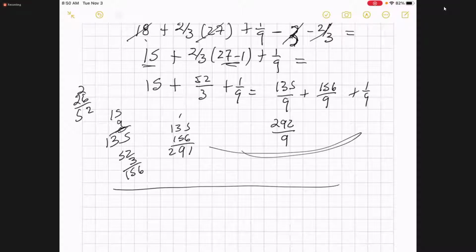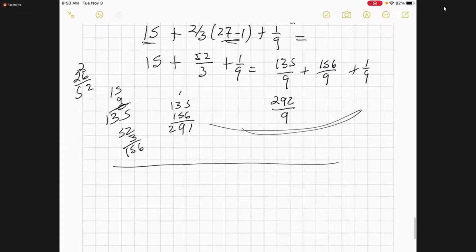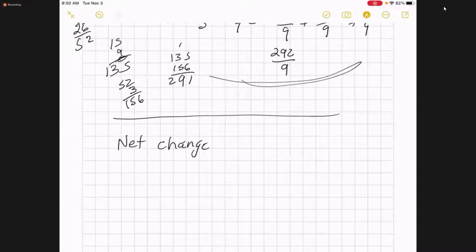I'm gonna do another velocity problem actually, and talk about net change. Let's write this theorem down: the net change theorem. That's your total change. You may go up, you may go down, but it's the change from where you started to where you ended, that difference.